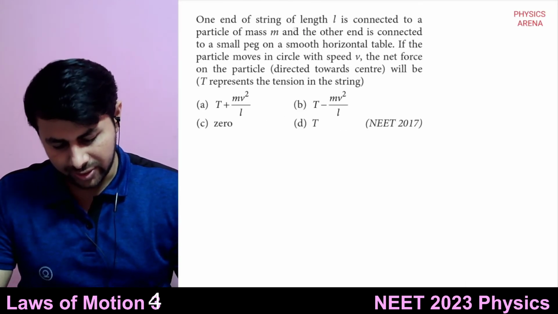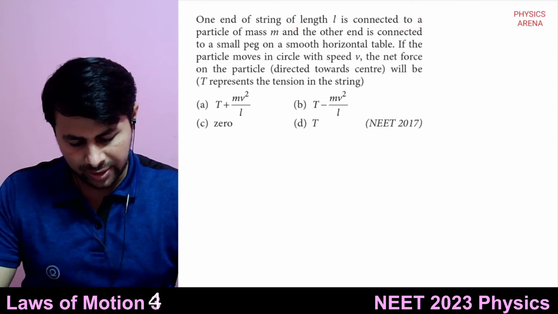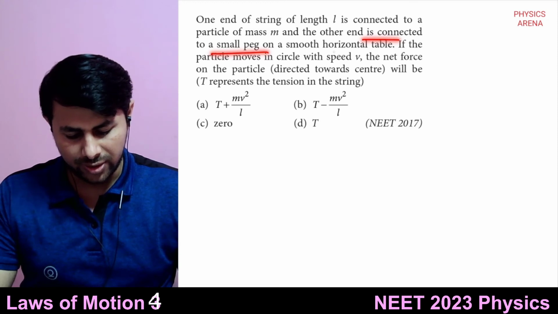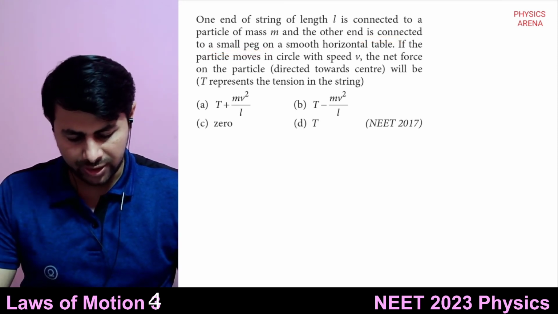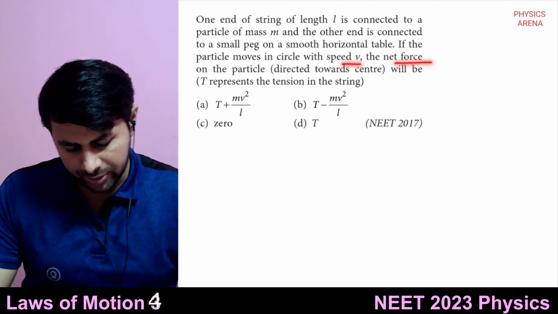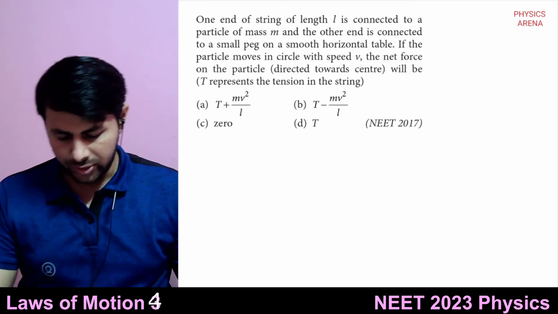Next question. One end of a string of length L is connected to a particle of mass M and the other end is connected to a small peg on a smooth horizontal table. If the particle moves in a circle with speed v, the net force on the particle will be. Okay, so you got the question.